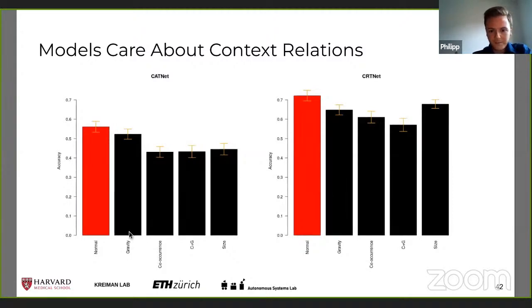Just a side note here for the gravity experiment, because in the meantime, we have run some more experiments, and we controlled here for the object pose. The way we defined our gravity condition initially is that you just lift the object up and the camera position is kept fixed. So what you obtain then is a change in the object pose.